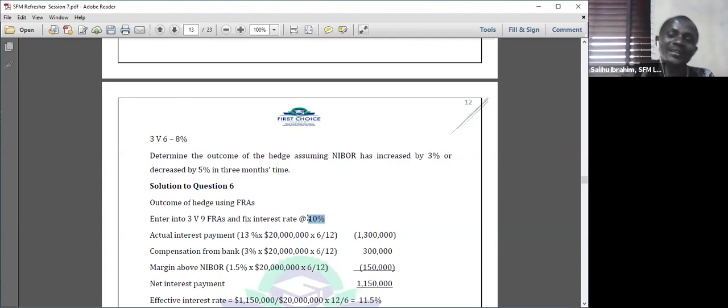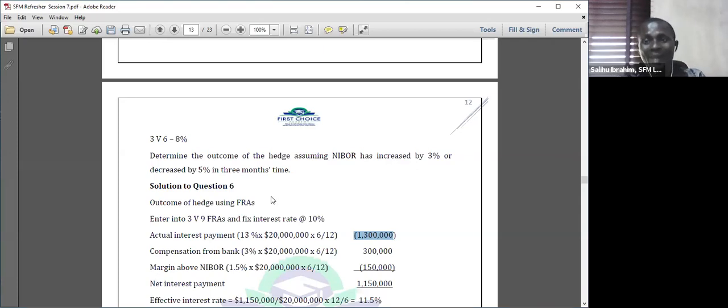So the bank needs to compensate me for the 3% increase. Compensation from the bank is 3% times 20 million times 6/12. This is the compensation I will receive from the bank. It will reduce my payment.